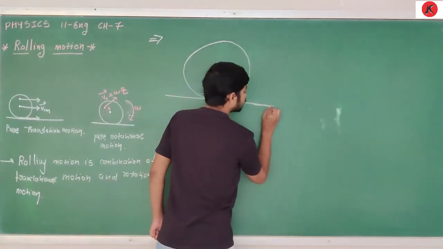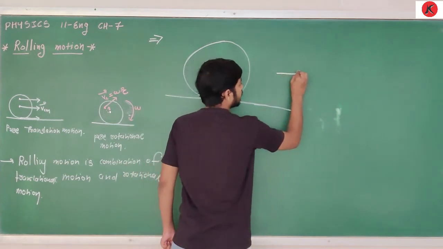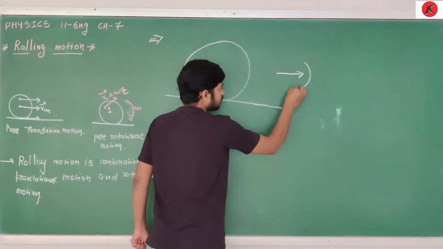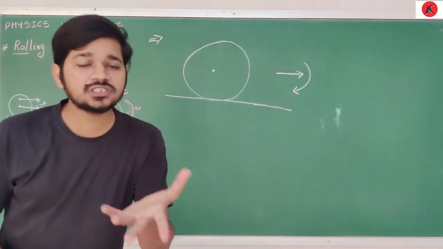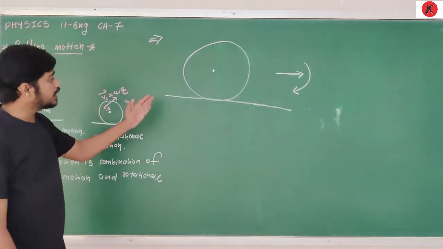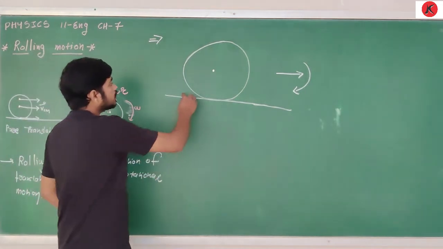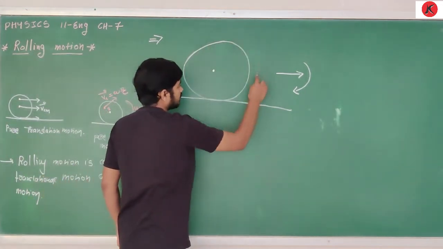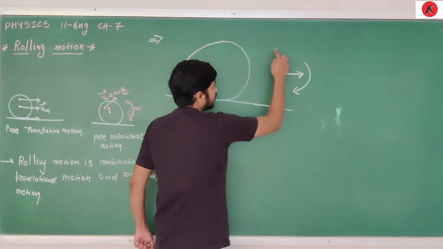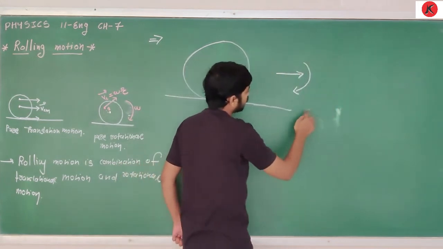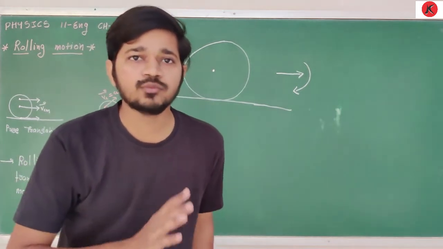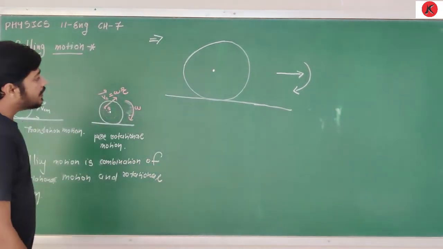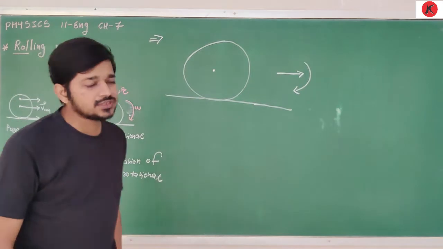If this disk is moving in forward direction and rotating in this direction, then the combination of these two motions is called rolling motion. If this wheel is rotating in this direction and it is moving forward, then such motion is called rolling motion. Clear about this?